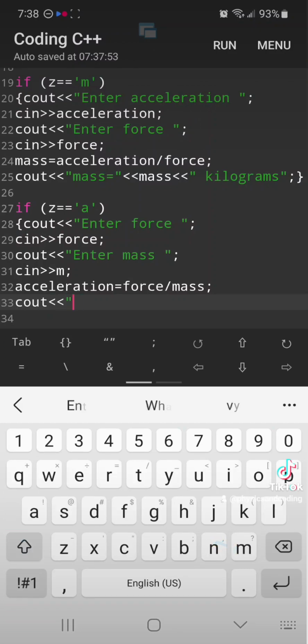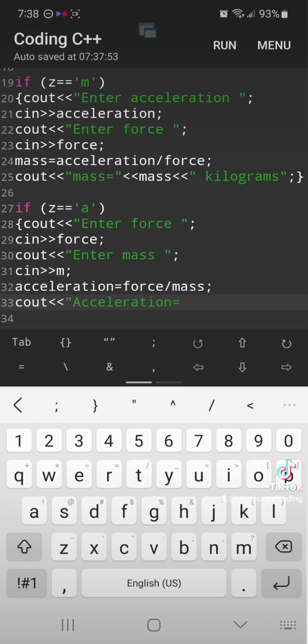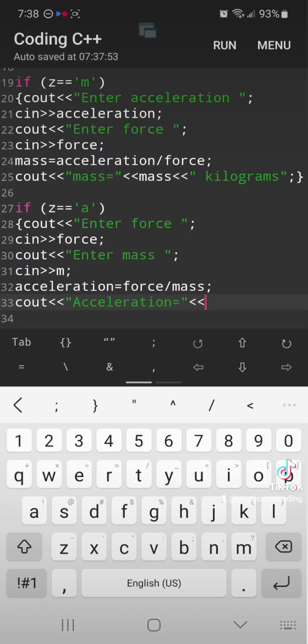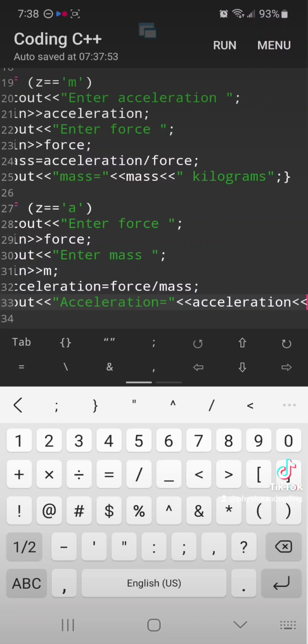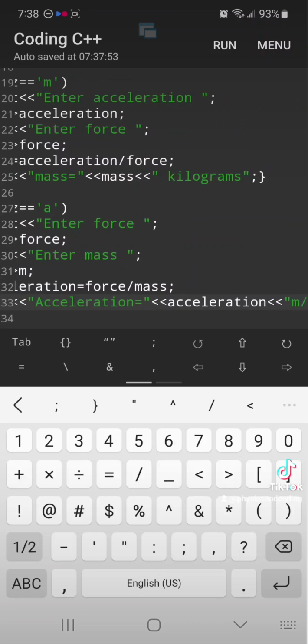And so then acceleration equals, and that will be in meters per second squared.